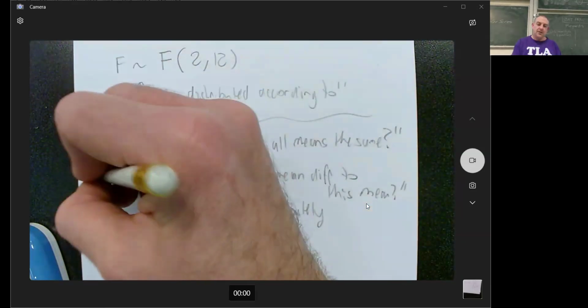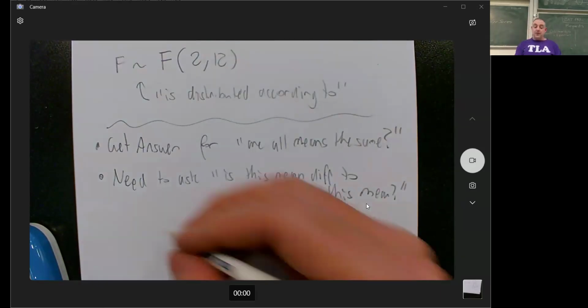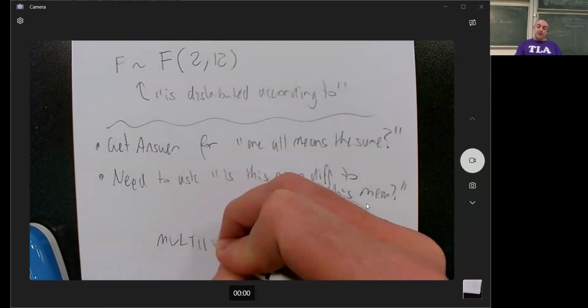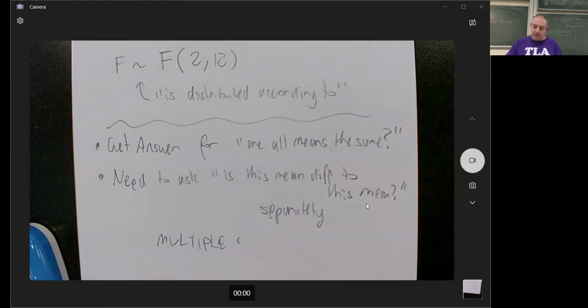So we get that answer, but we need to ask, is this mean different to this mean separately? And those things are called multiple comparisons or pairwise tests.